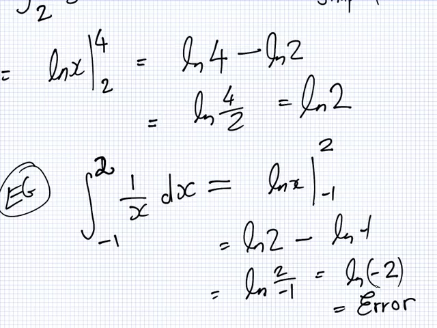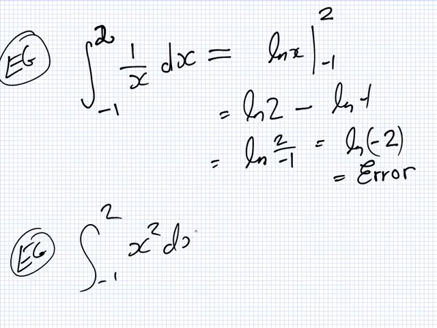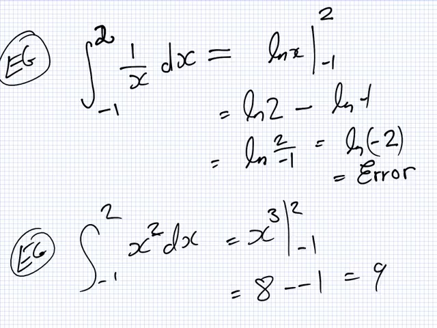Now, there is a way to tell from the beginning that it was improper. And I wonder if anybody knows how to see from the beginning that it was improper. The minus wasn't a problem here really, because if you had something like this, it is not a problem, because this becomes x cubed from minus 1 to 2, which becomes 8 minus 1, which becomes 9.